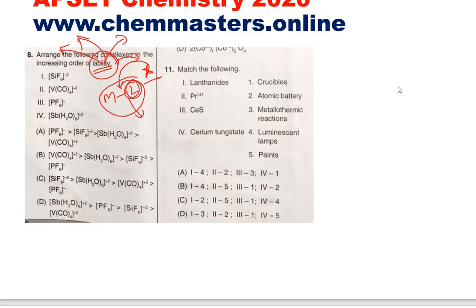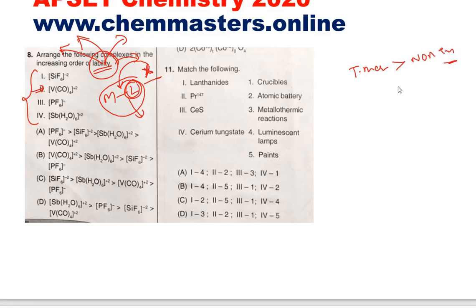The easiness of breaking and making a new bond, that is, substitution of ligands in metal complexes, leads to lability. Just remember that here one transition metal complex is given, and all the other three are non-transition complexes. Transition metal complexes are more inert than non-transition metal complexes.